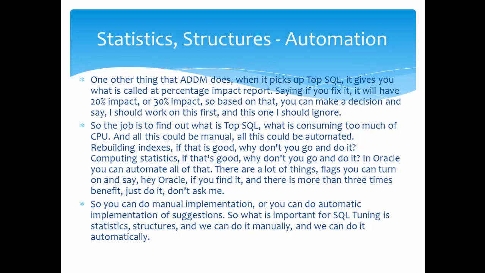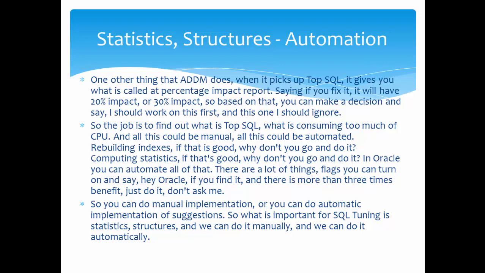Statistics, structures, and automation. One other thing that ADDM does, when it picks up top SQL, it gives you what is called a percentage impact report, saying if you fix it, it will have 20% impact or 30% impact. Based on that, you can make a decision and say, I should work on this first and this one I should ignore.